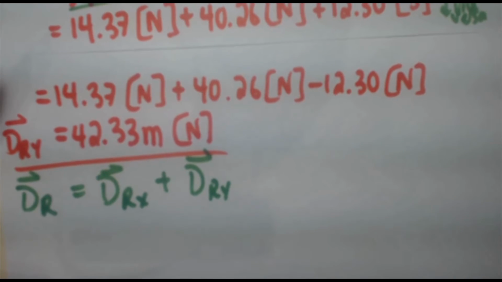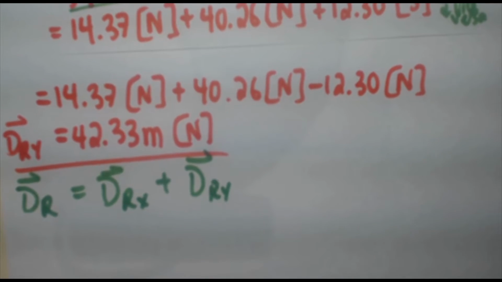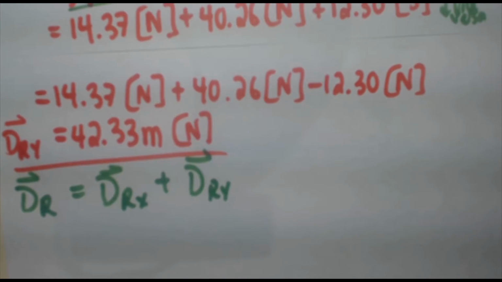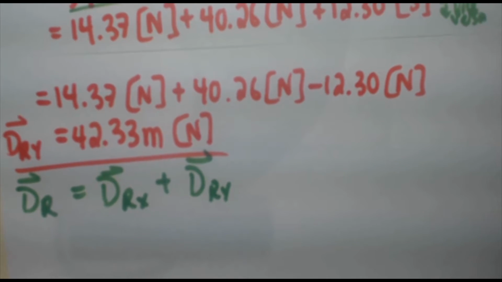Okay, I realize I'm using x and y. It's just a really convenient way to keep track of it. Although x and y are not necessarily always the same as east and west, this is just a system I use to help it make sense to me. Okay, so let's proceed. So we've got 38.71 in the x, we've got 42.33 in the y.